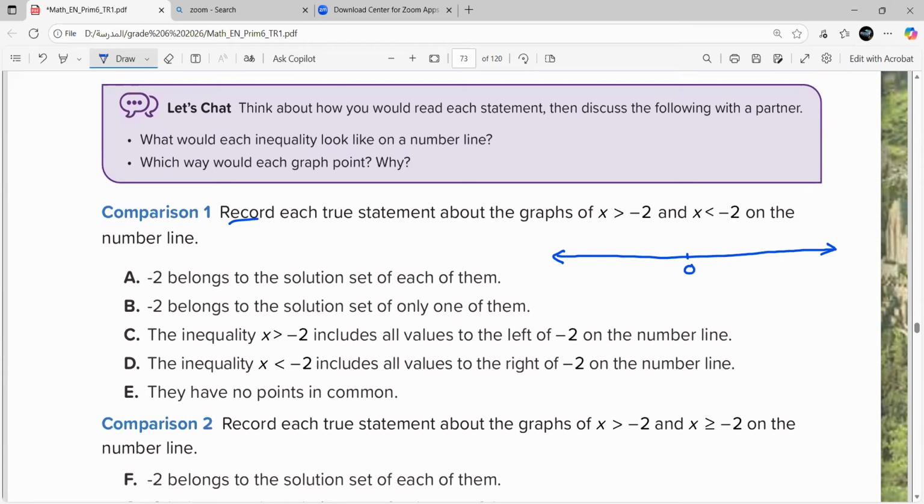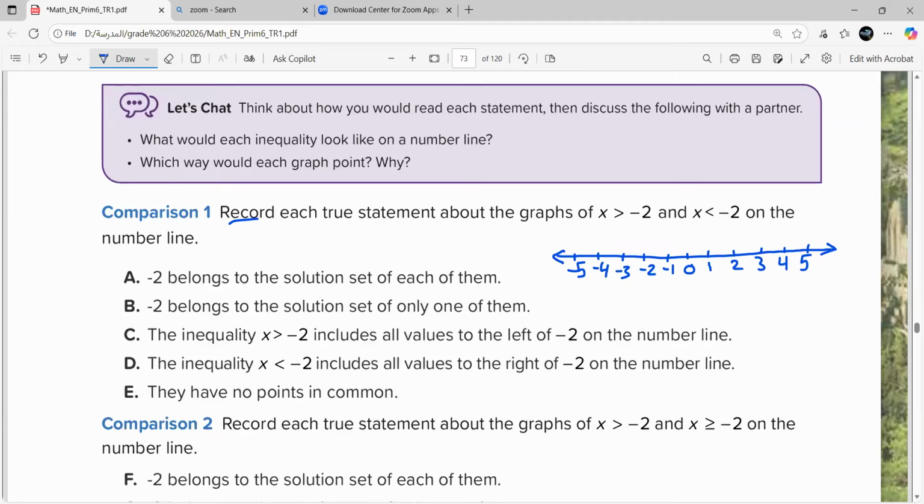Here is 0, 1, 2, 3, 4, 5, and so on, and -1, -2, -3, -4, -5, and so on. x greater than -2.